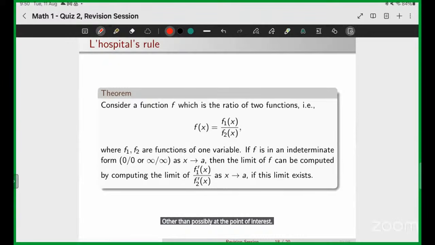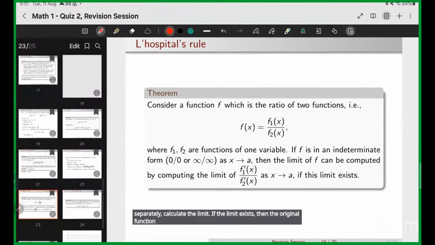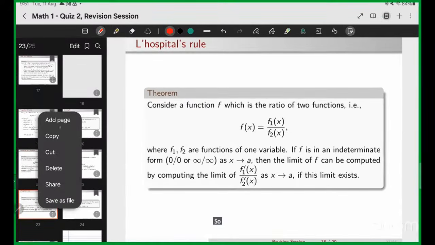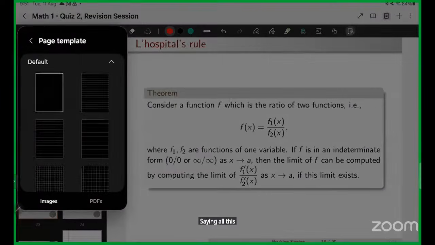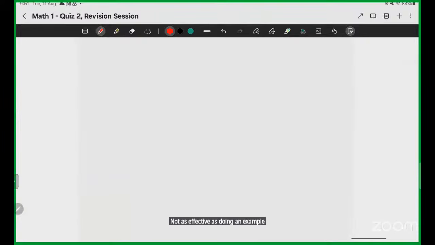Now, you should have a 0 by 0 or an infinity by infinity form. Then what you can do is differentiate the numerator and the denominator separately, and calculate the limit. If the limit exists, then the original function also has that same limit. So saying all this is not as effective as doing an example. So we'll do one, rather straightforward one.